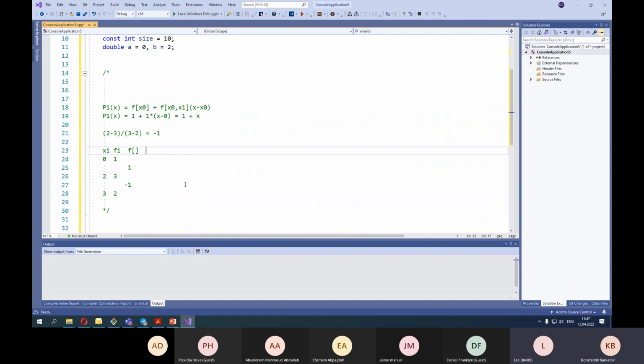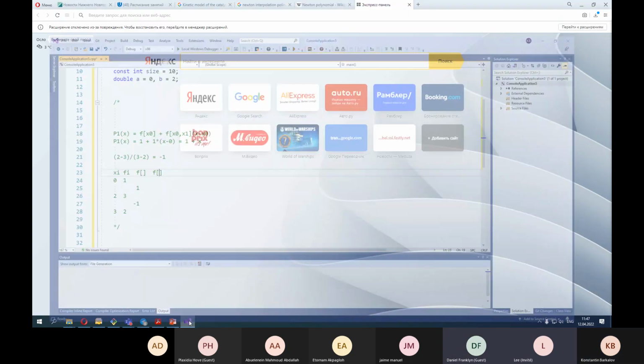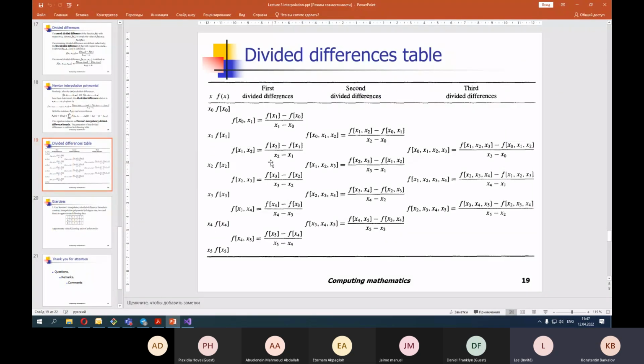Let's compute the next divided difference. Divided difference of degree 2. Sorry. What we should do?